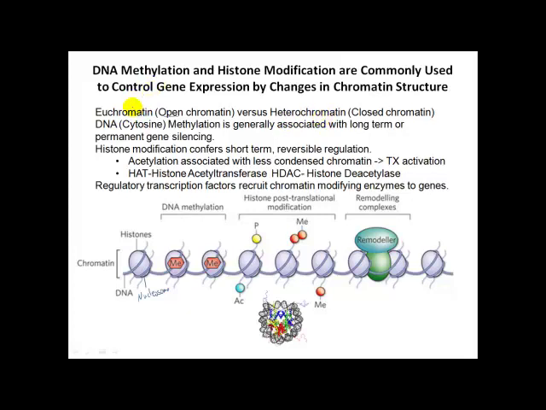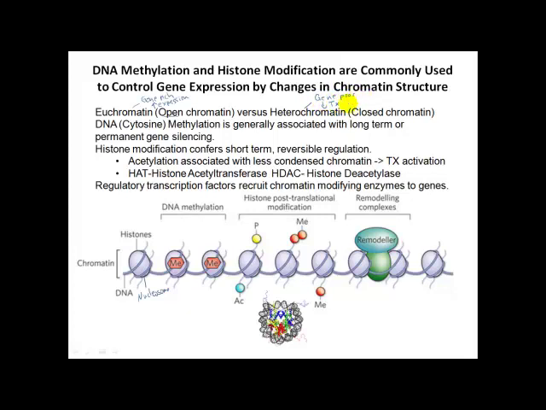Typically, euchromatin is associated with regions of the genome that have lots of genes in them. So these are gene-rich regions with high levels of expression of those genes. Whereas heterochromatic regions are typically gene poor, not a lot of genes present, and very little transcription going on there.